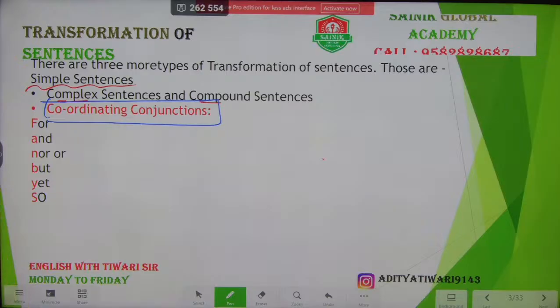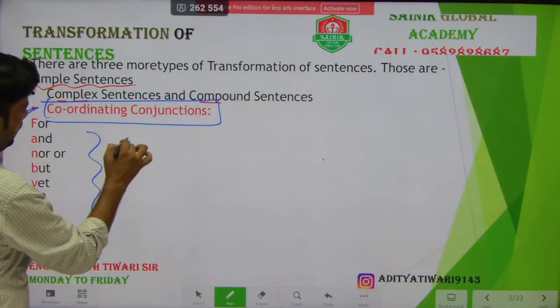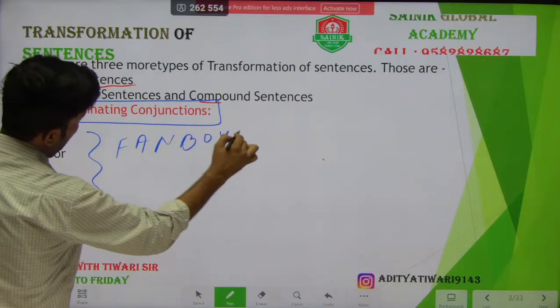So for understanding simple sentences, we need to understand coordinating conjunctions first, and to understand coordinating conjunctions, we need to learn one thing, that is FANBOYS.